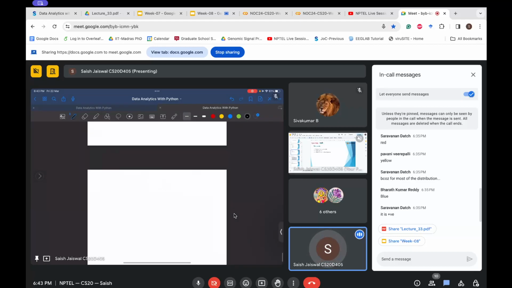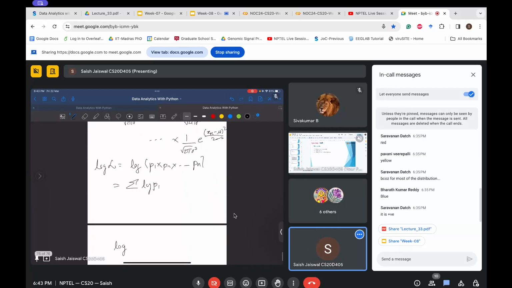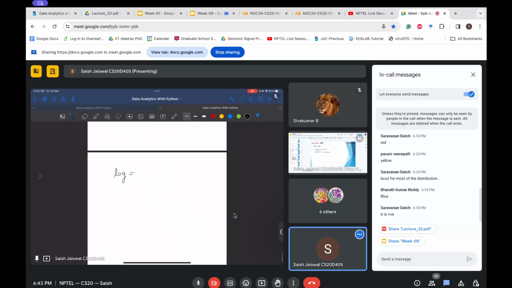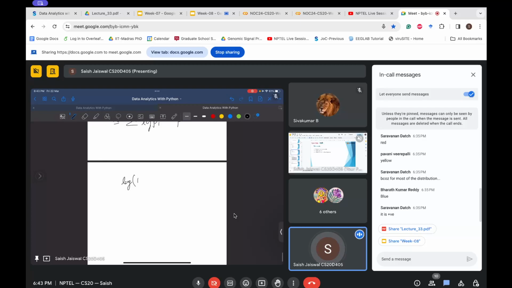So if you take the log of this particular product over here, and differentiate with respect to the mean and the standard deviation and equate them to 0, you will get an equation for mean and standard deviation, and that particular estimate will be the maximum likelihood estimate for mean and the standard deviation.